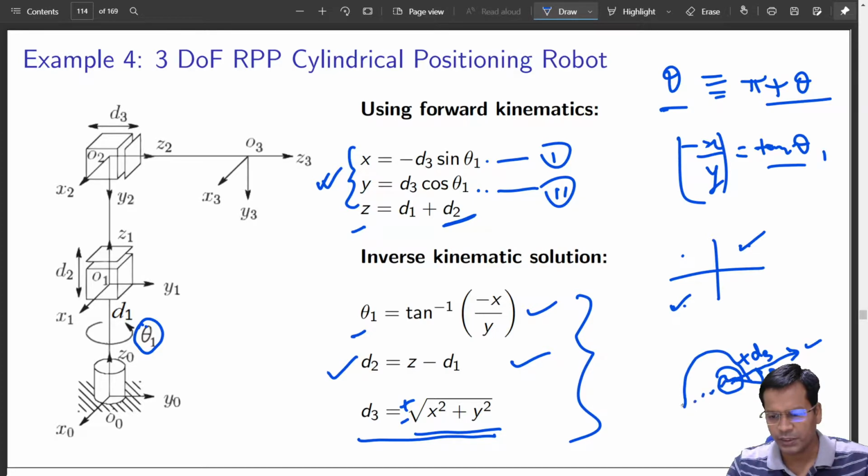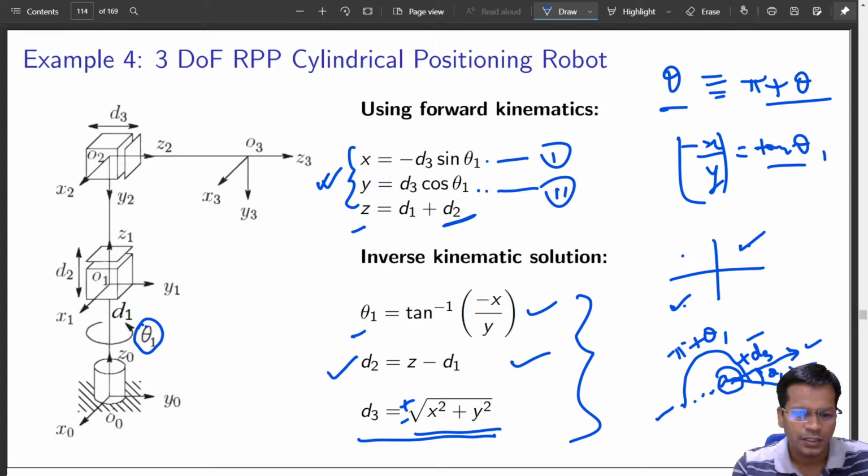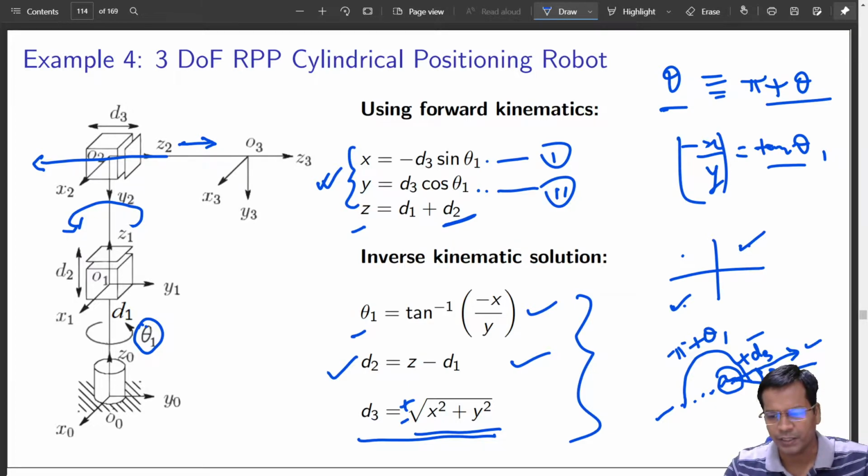So it is along this side, but your first angle, theta 1, is pi plus theta 1, and D3 is now negative. That means it can turn 180 degrees, and instead of D3 protruding out, it goes to the other side and comes out from the other side. That means D3 is negative. So effectively it has two solutions.